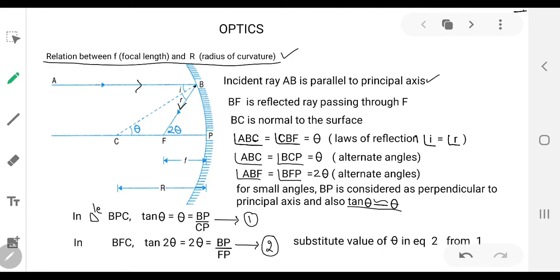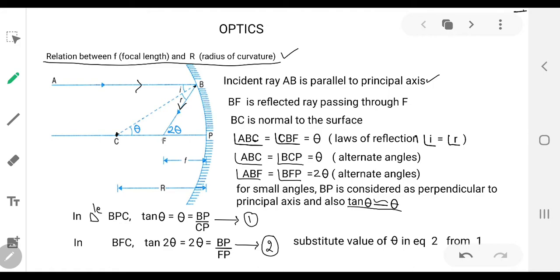So any point on the sphere to the center, this line joining is called the radius, and the radius is always perpendicular to any point on the sphere. So if you join point B to the center, this line becomes perpendicular at the point B.